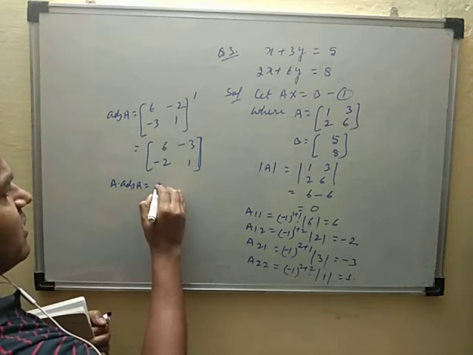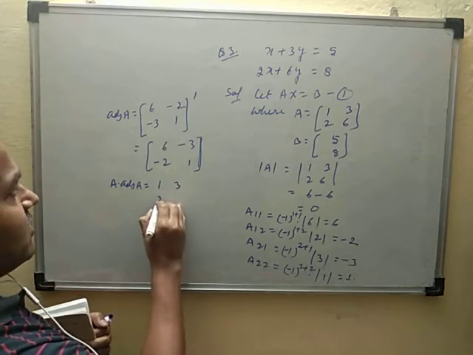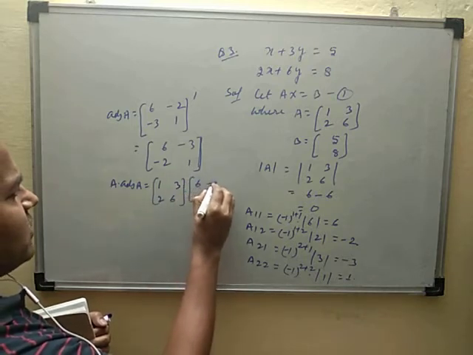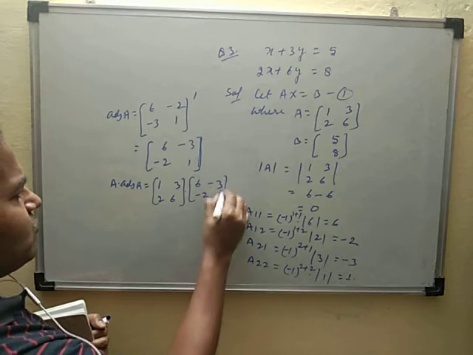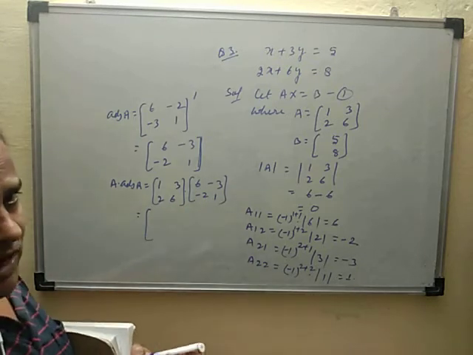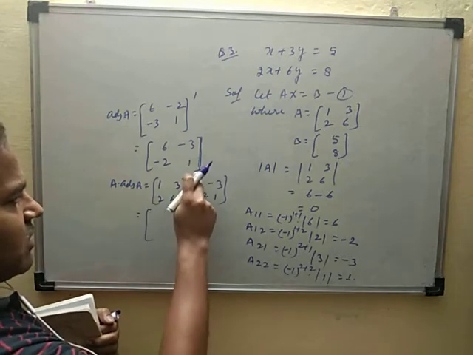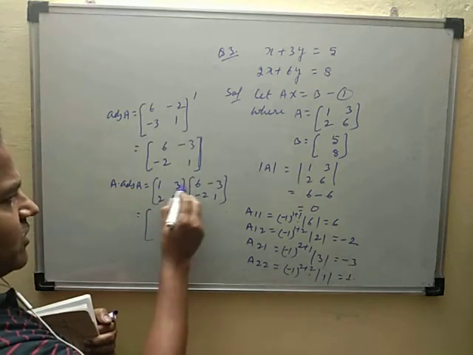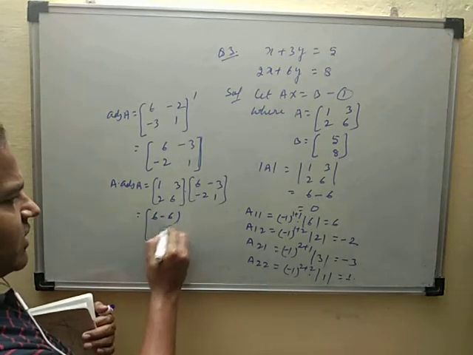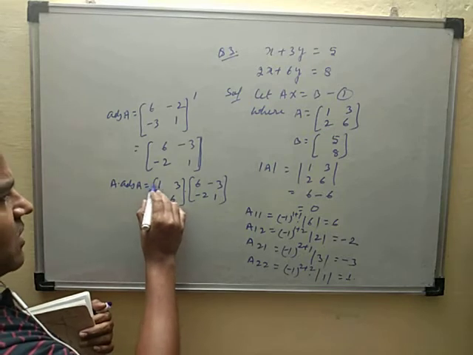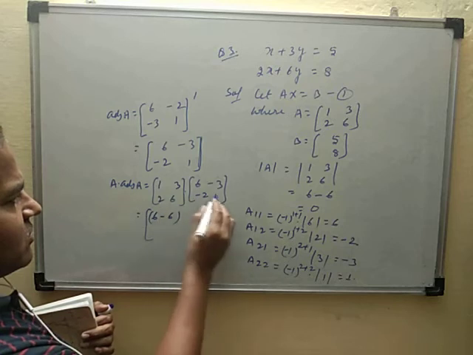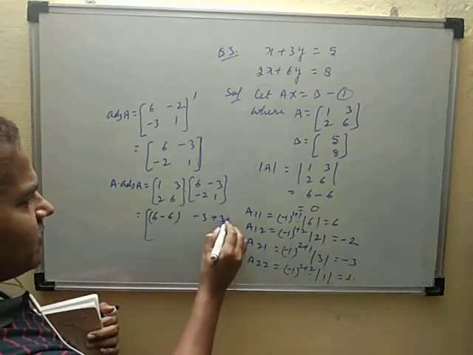A matrix is 1 3 2 6, and the adjoint of A is 6 minus 3 minus 2 1. Now find its product. R1 multiplying C1: 1 into 6 is 6, 3 into minus 2 is minus 6. Next R1 into C2: 1 into minus 3, 3 into 1 is 3.